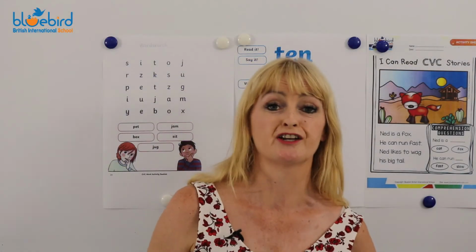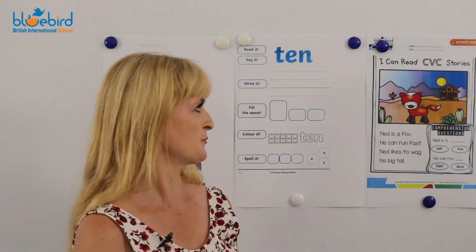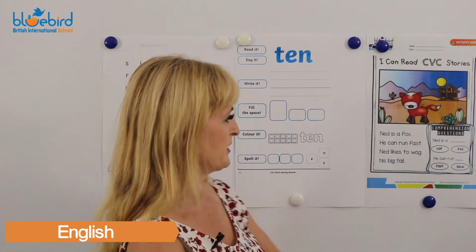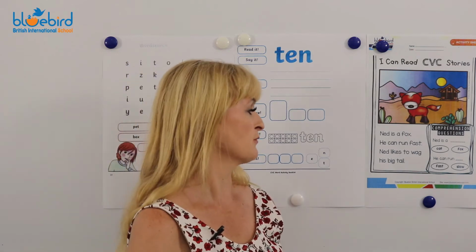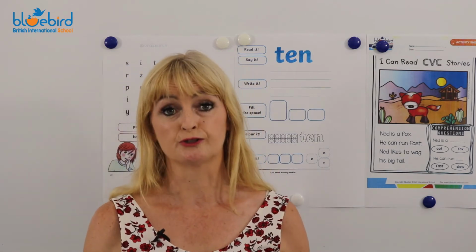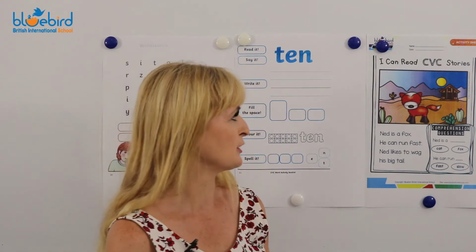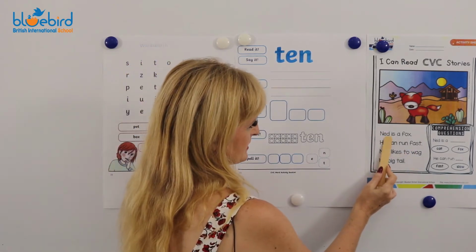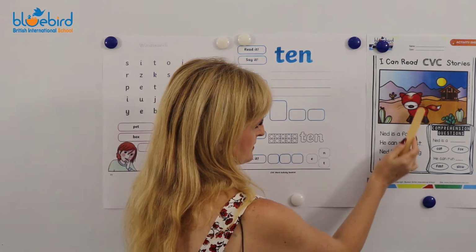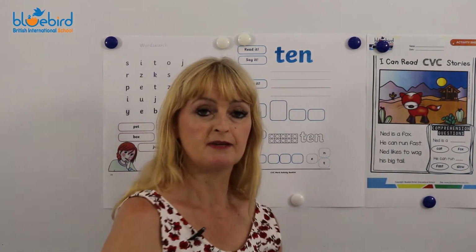Okay, so now we're moving on to our English. We're going to have our little story to read. We're going to do it together, very slowly, because I know some of the words you know and some of the words we are still learning. So let's do it very slowly together. It's called Ned is a fox. So the fox, his name is Ned.